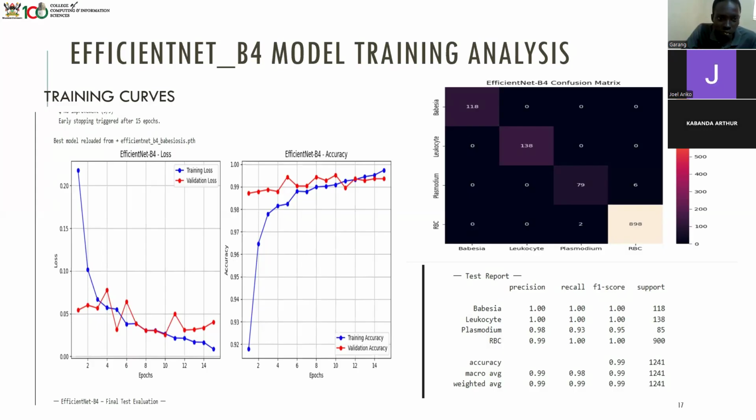For the loss, as we can see here, the training loss at first was 0.24. Then for the second epoch it started reducing, it came to 0.1, and so on, until we reached 0.02. Then the validation loss was fairly stable.